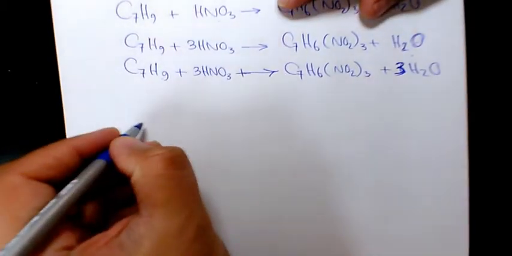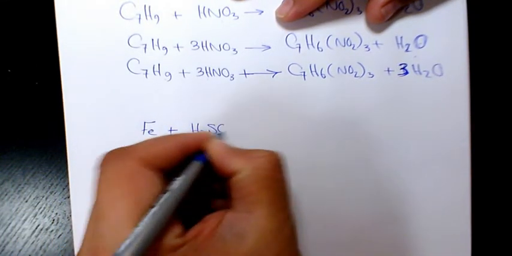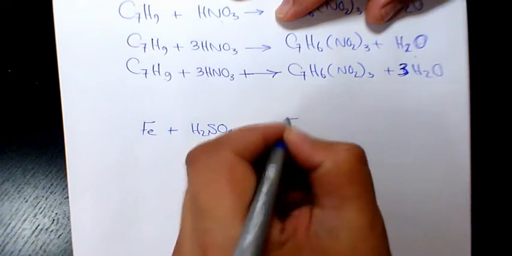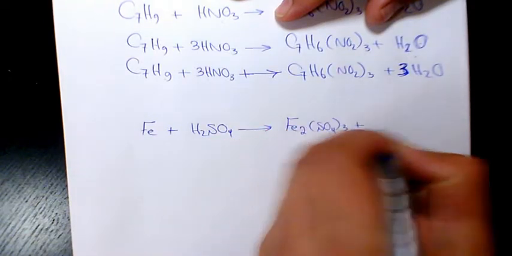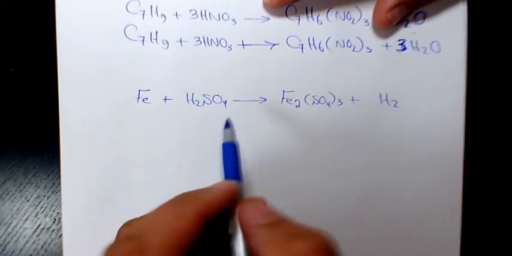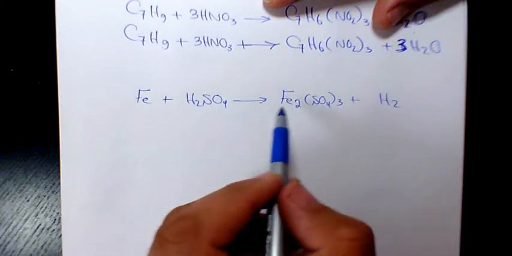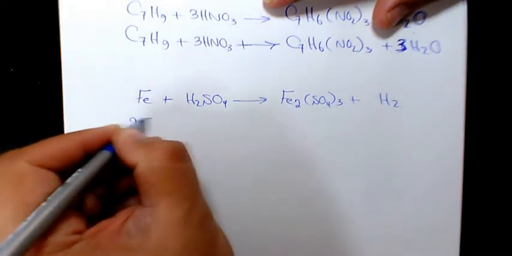Alright, next one we have Fe plus H2SO4 gives us Fe2(SO4)3 plus H2. So we have 2 Fe in here, so we're going to have 2 in here.